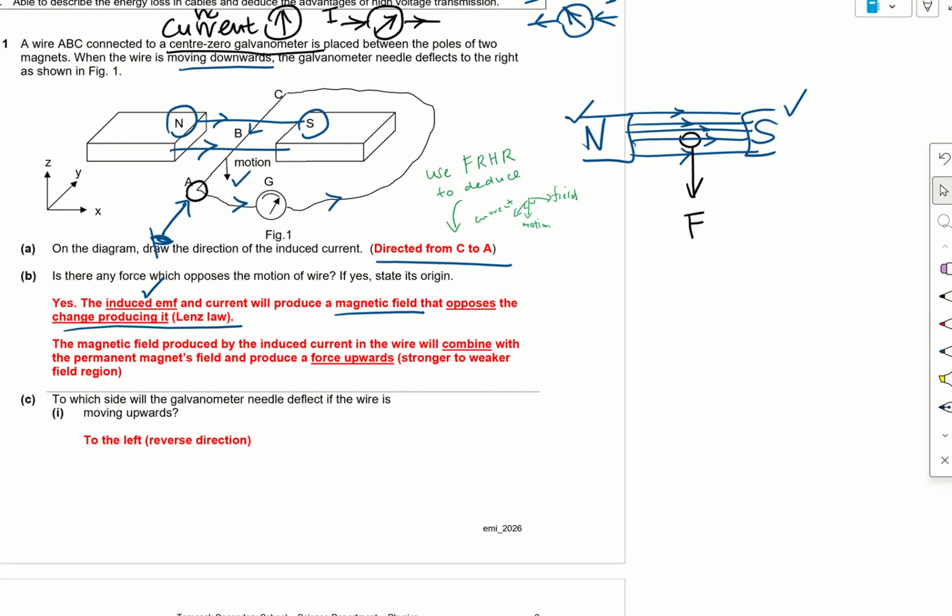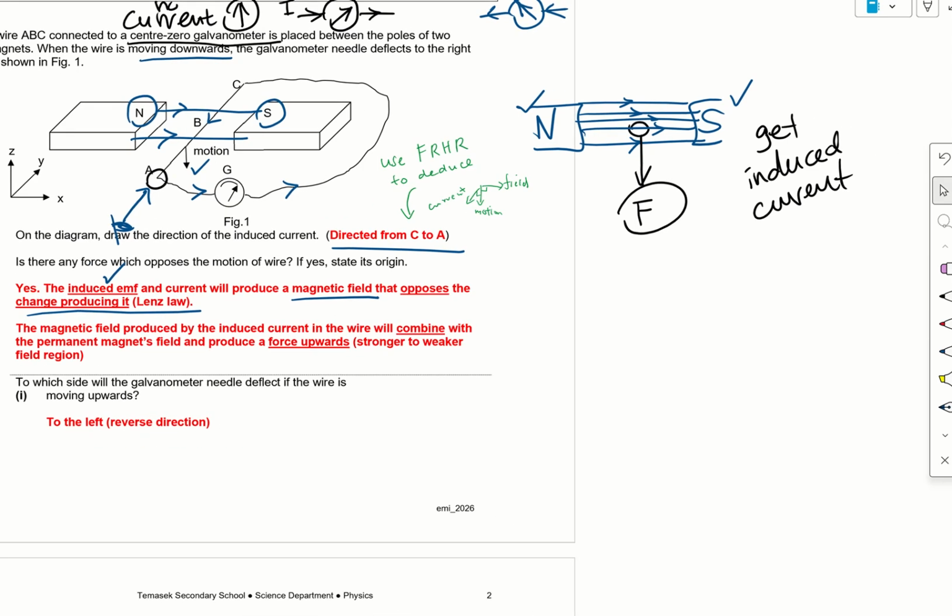Since you are providing a force and we get an induced current, we are actually generating a current.